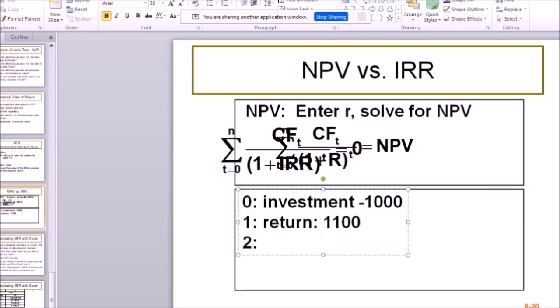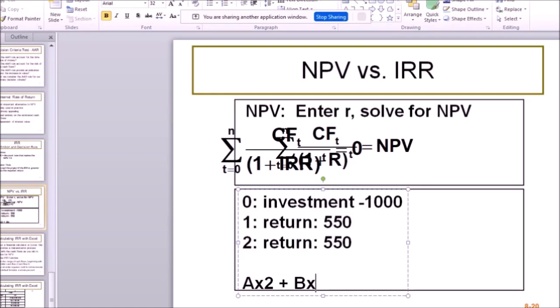With a 2-year example, it's getting a little bit more difficult. Let's put 5,500 here and 5,500 here. So it's still 1,100 over 2 years, but with interest on interest. Mathematically, it's going to be something like ax squared plus bx plus c equals 0.